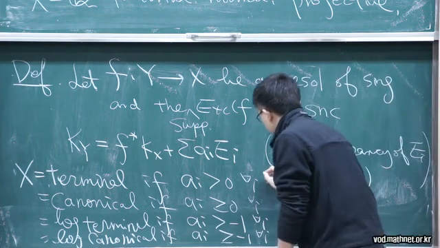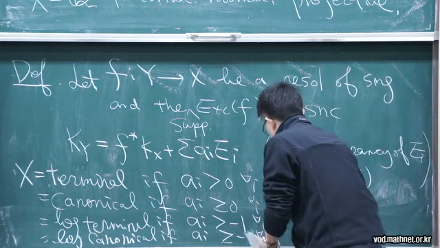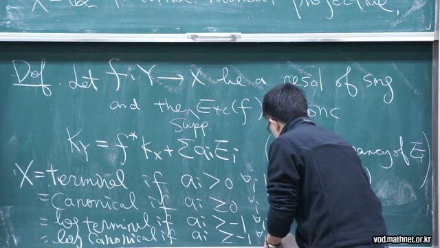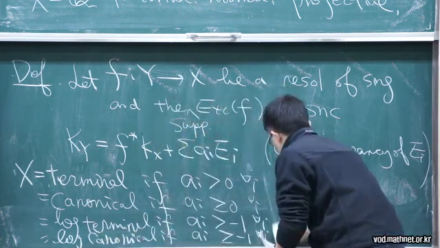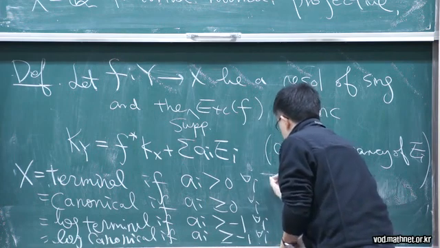So in the dimension 2 case, locally, this one corresponds to smooth.